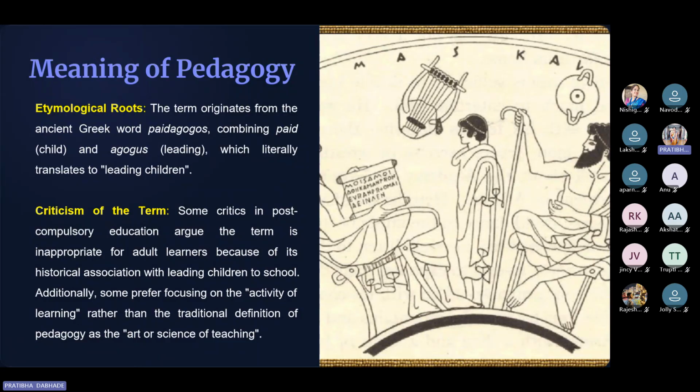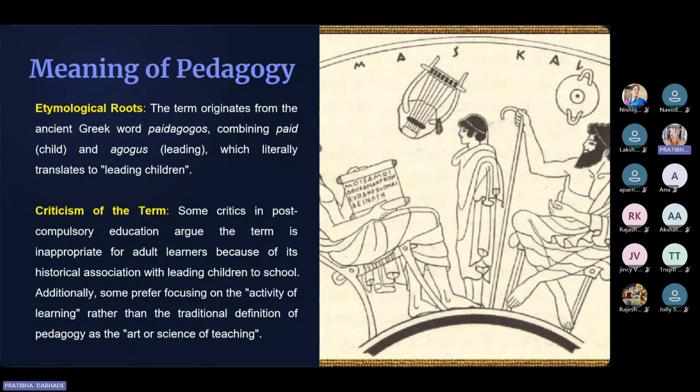Right. After that, there was a criticism. So what does criticism mean? Initially we were using this term, and it is not only related to school education, but also to education at the higher level. But the meaning given in the Greek word pedagogy is leading children. So there it is children, so can we apply the same thing to adult learners, those learning in higher education?